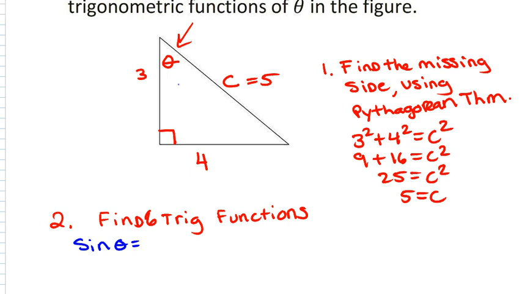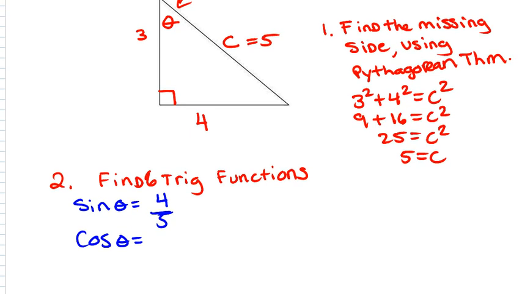So the opposite side from theta is 4, the hypotenuse is 5, so it's 4/5. The cosine of theta, well, remember it's adjacent, and remember adjacent is non-hypotenuse, so the adjacent here is 3, the hypotenuse is 5, so we're talking 3/5. The tangent of theta is opposite over adjacent, so opposite is 4, adjacent is 3.